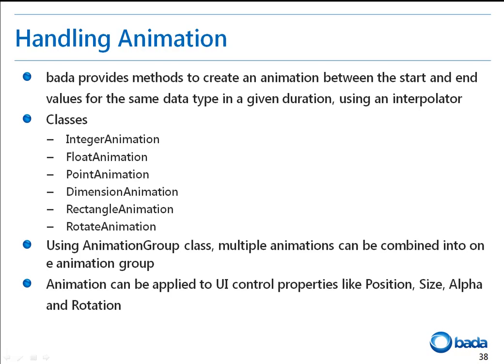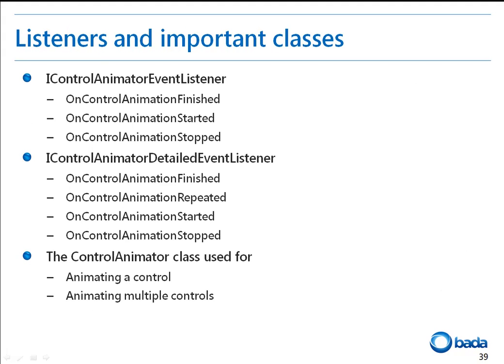The animation group class can be used to combine multiple animations into a single one. An animation can be applied to UI control properties, such as the position, size, alpha, and rotation. The listeners available for applications to register and receive animation events are iControl Animator Event Listener and iControl Animator Detailed Event Listener. iControl Animator Event Listener is the listener interface for receiving control animator events.